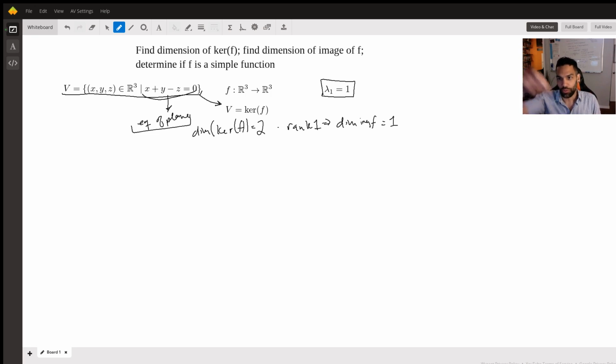So it's all mapped onto this one line, which is one-dimensional, hence the image is one-dimensional. That was the easy part of this.